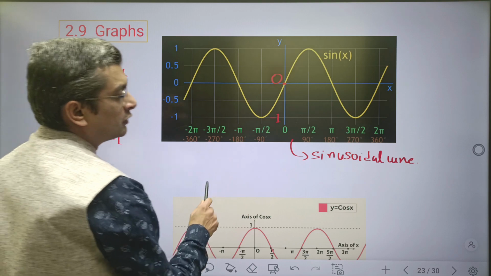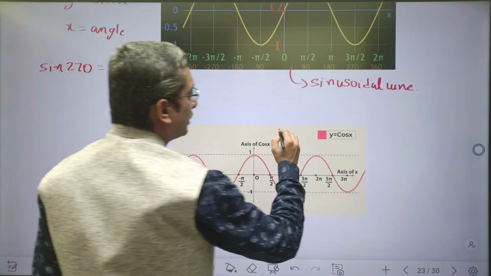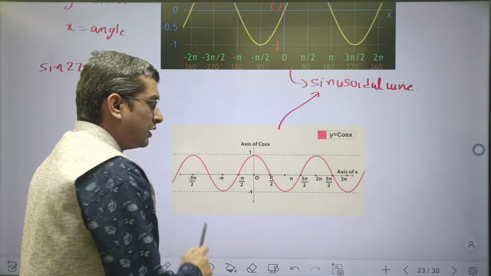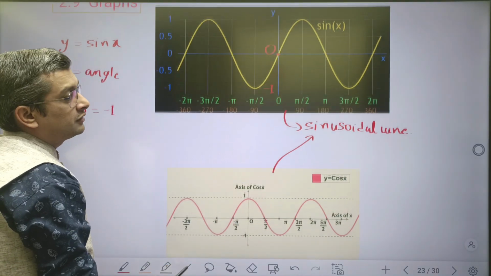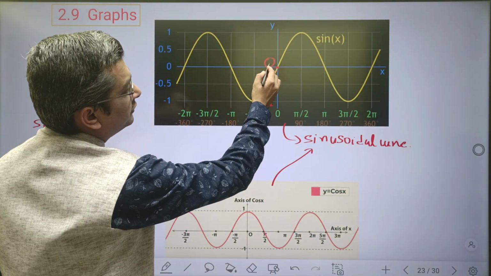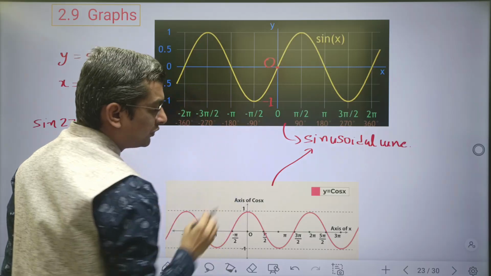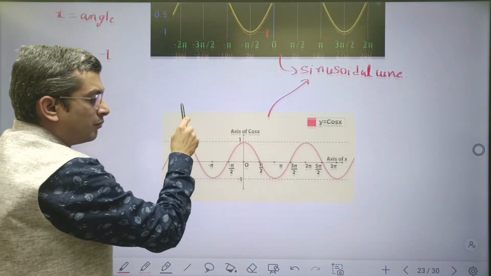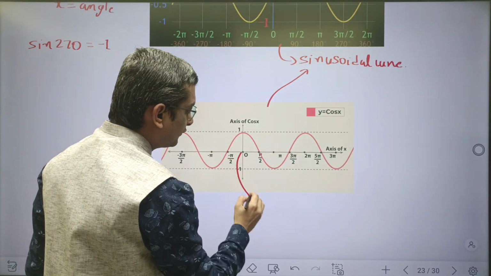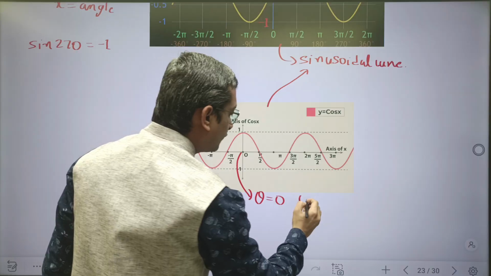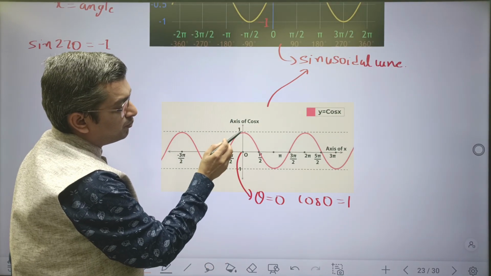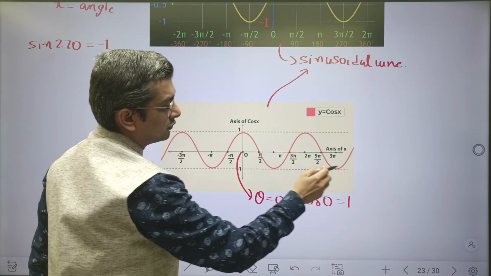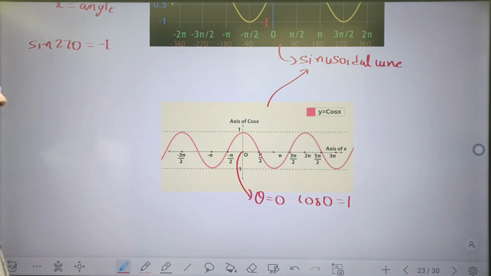So this is known as the sinusoidal curve, and this cos curve is also known as a sinusoidal curve. The basic difference between the sine curve and the cos curve is that sine 0 is 0, so the sine curve starts from the origin when the angle is 0. But in case of cos, since cos 0 is 1, this curve starts from plus 1, and in this way the graph goes like this, isn't it?